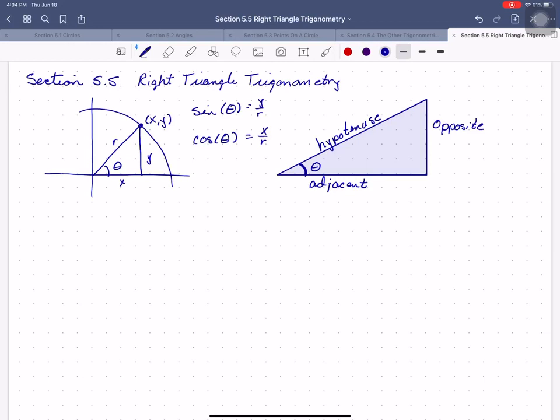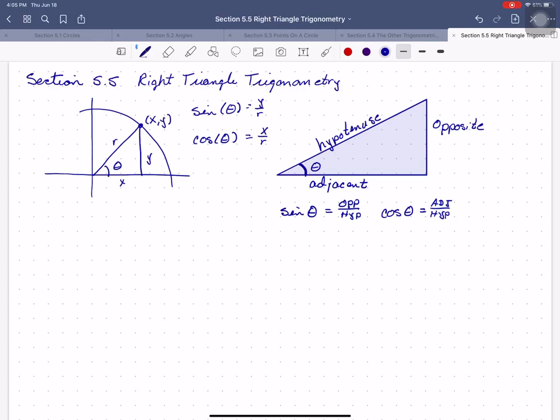And when we do that, we can realize that the sine of that angle theta is equal to the length of the side opposite divided by the hypotenuse. And the cosine of that angle is equal to the length of the side adjacent divided by the length of the hypotenuse.